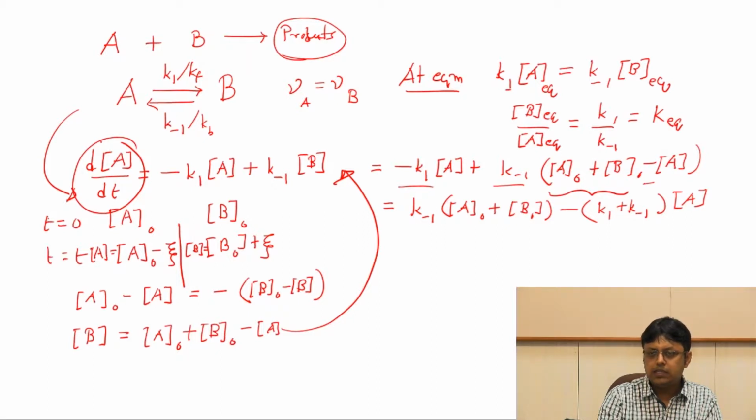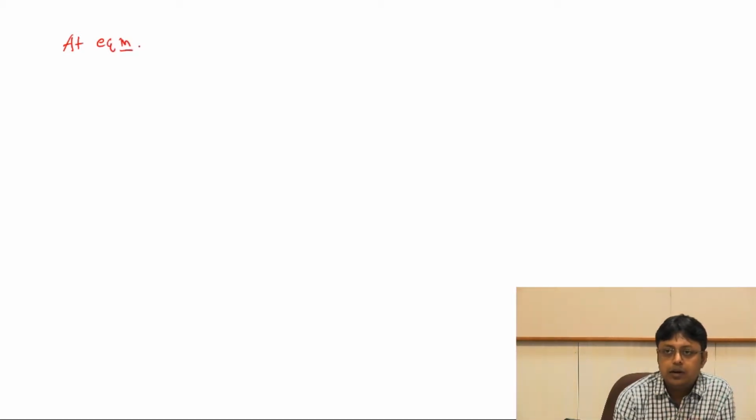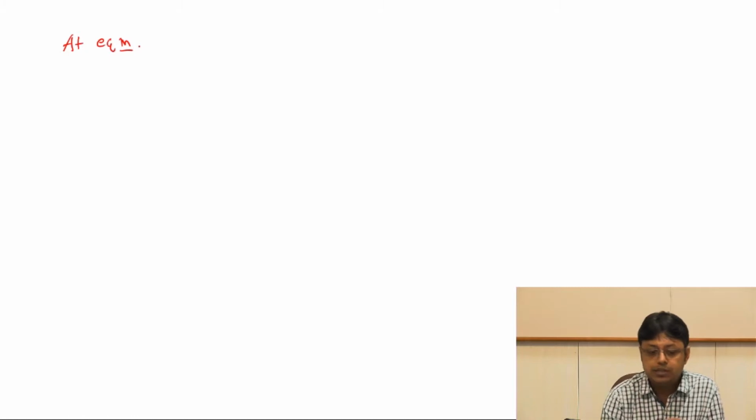But before we integrate that we can also simplify it. And we know that at equilibrium, the forward and reverse rates are equal. So if I ask what is dA/dt or dB/dt, each of them will be 0.